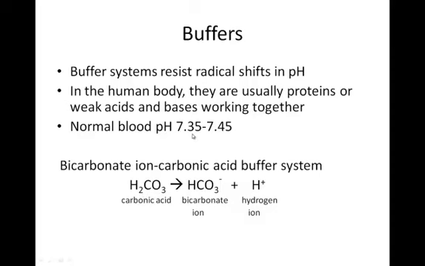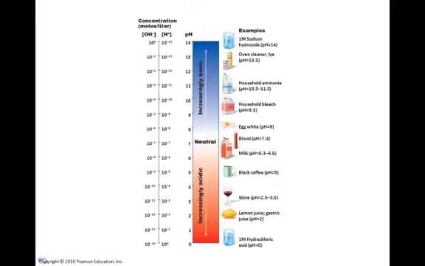If for some reason the pH of your blood starts to drift higher in this range right here, carbonic acid can break down to release this bicarbonate ion and hydrogen ions. Well, if you release hydrogen ions, what's going to happen? The more hydrogen ions you have, the more you go down in pH, right?